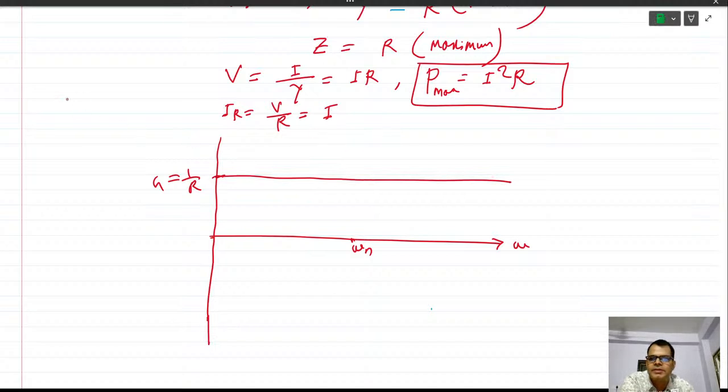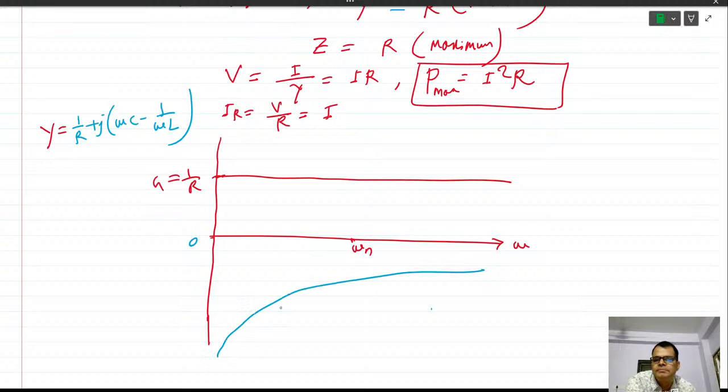Because your Y is equal to 1 upon R plus j(omega C minus 1 upon omega L), right? You can say that minus 1 upon omega L, when omega is 0, it is infinity, it will come like that, and omega C is a straight line.